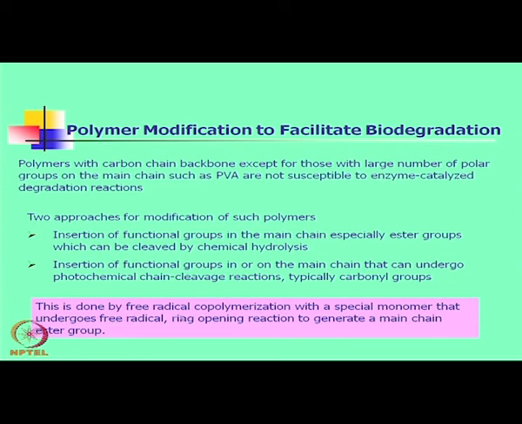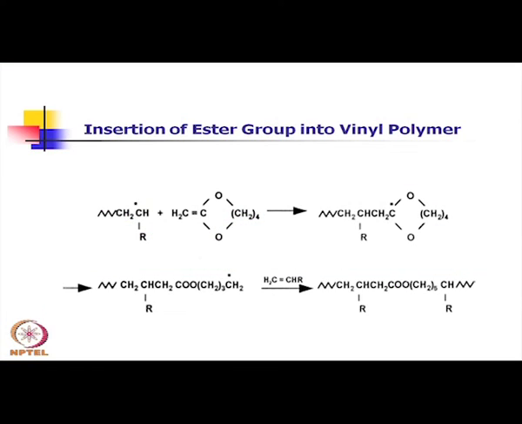This is done by free radical copolymerization with a special monomer that undergoes free radical ring-opening reaction to generate a main chain ester group. So, there is a possibility of converting non-degradable hydrocarbon type polymers into polymers degradable by microorganisms through chemical modification on their surface.